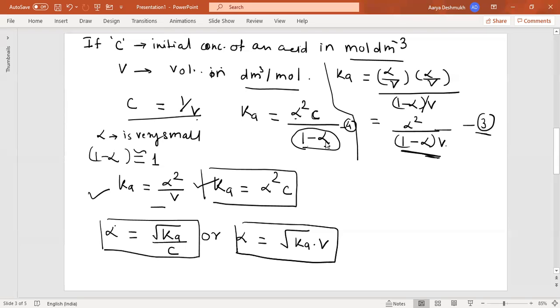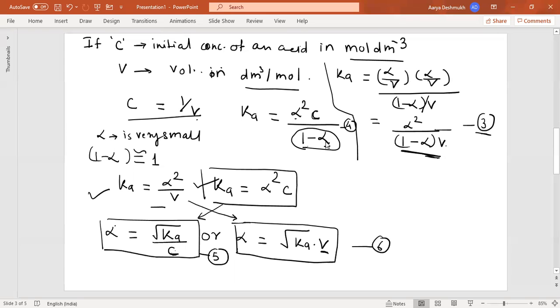This will be your equation number 5 and 6. Now if you look at equation number 6, it shows that the degree of dissociation of a weak acid is inversely proportional to the square root of the concentration, or directly proportional to the square root of the volume containing 1 mole of the weak acid.